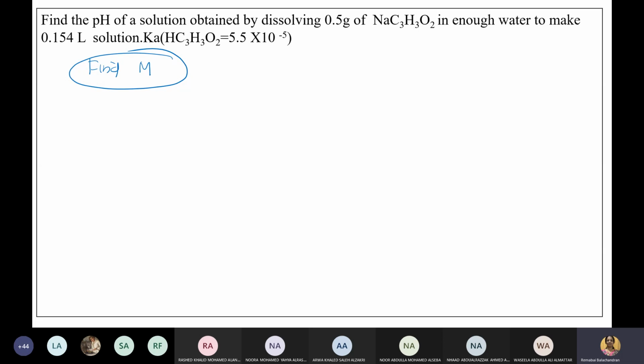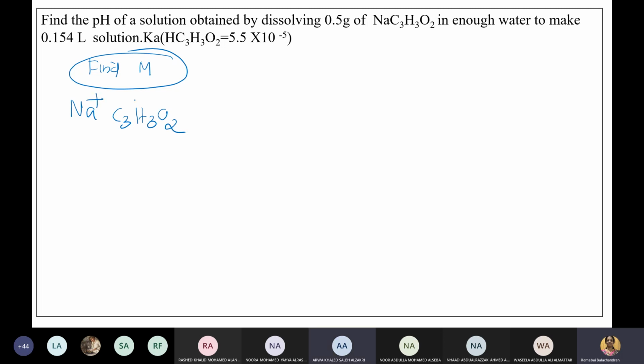Then, how do you write the equation? We have NaC3H3O2.